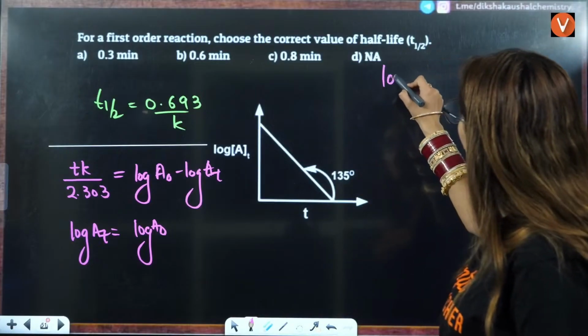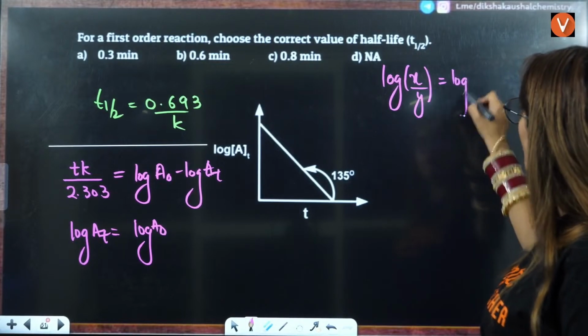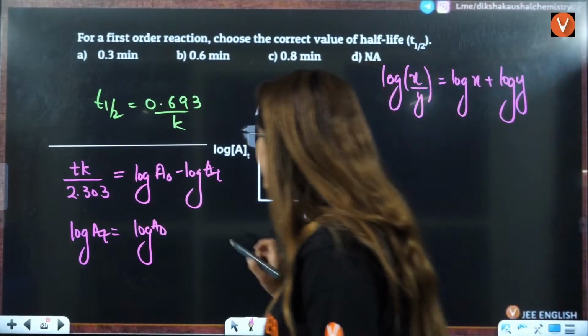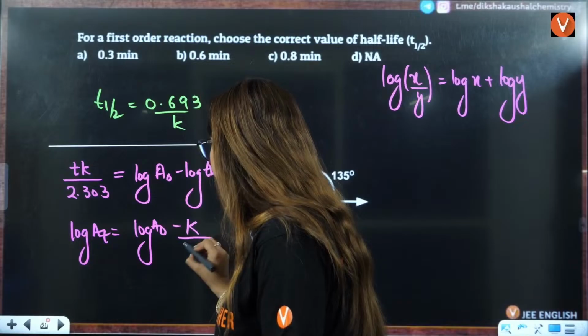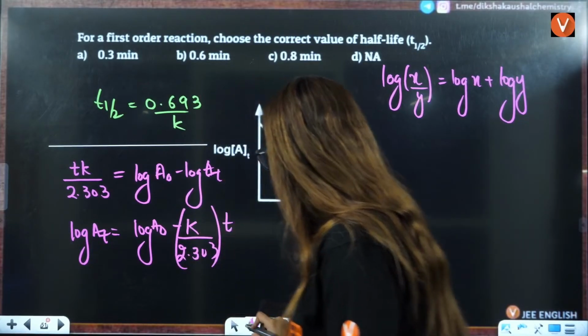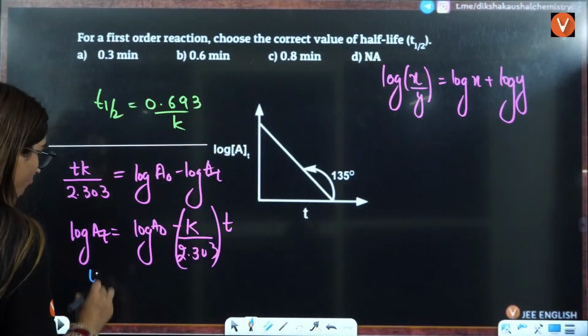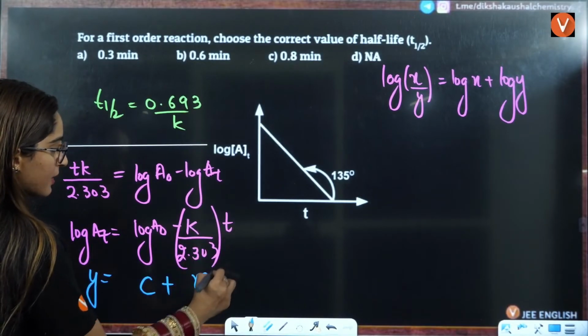That means log of x divided by y is nothing but log of x minus log of y. That is a property of log, right? So here log AT will be minus k by 2.303 times t. So if you put this in the form of straight line equation, that is y equals to, this is intercept c, this is m and this is x.